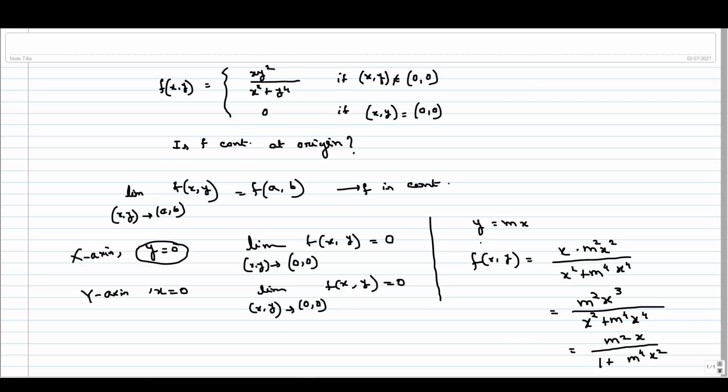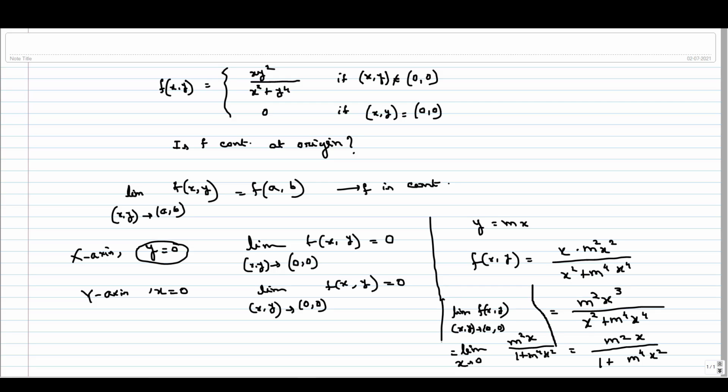As xy tends to 0 comma 0, that is, as we tend to origin along this straight line, the limit of f of xy is nothing but the limit as x tends to 0 of the function we have got, m square x by 1 plus m power 4 x square.